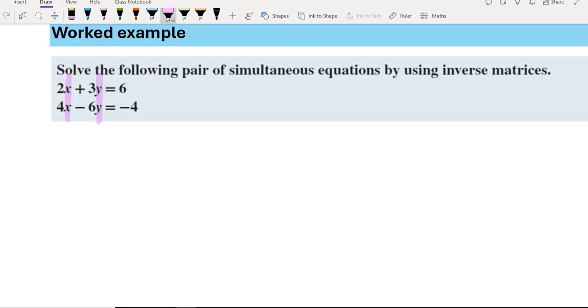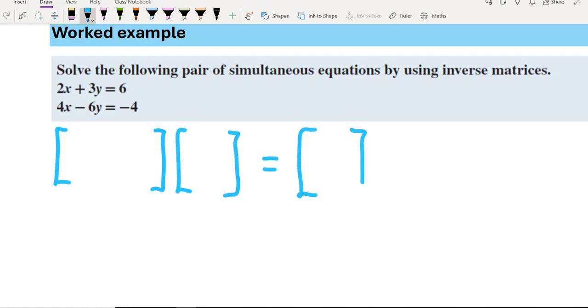You can't have x first and y second in the first equation and then y first and x second in the second equation. As long as they line up and there's only a number on the other side of the equation, you are ready to put these into a bunch of matrices.